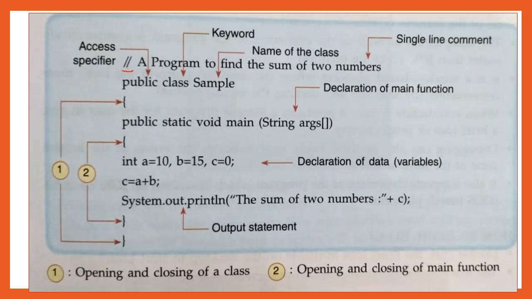System.out.println is an output statement in Java. So if you want to show the result on the output screen, then you can use this System.out.println, the sum of two numbers plus c. See here, whatever you write inside the double quotes will be printed as it is on the screen.